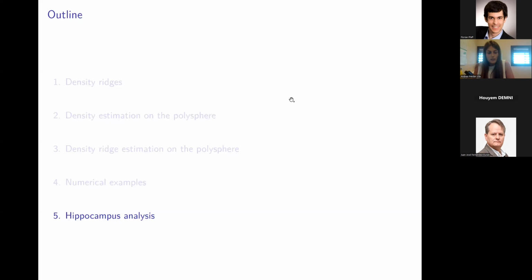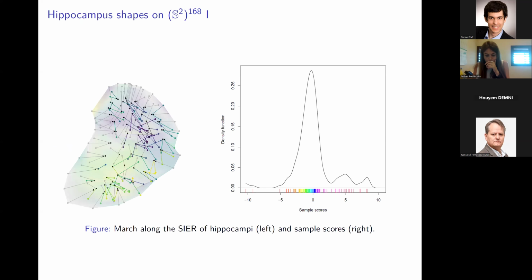Once we have checked the performance in practice with simulations, we are going to move again to the real data sample that we mentioned at the beginning of the talk, the hippocampus shapes. The representation on the left shows the results after applying this dimension reduction technique. In yellow and green, we have the spokes with larger variation, and with the purple color, we indicate the spokes with almost no variation.